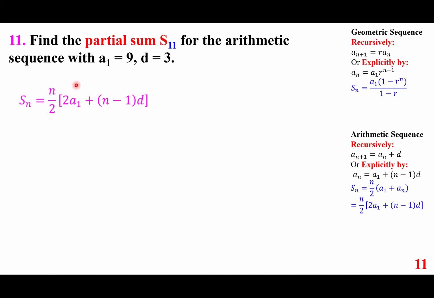And n, everybody, is 11. So replace this one with 11, this one with 11. A sub 1, replace it with 9. N, replace it with 11 minus 1. D, replace it with 3.